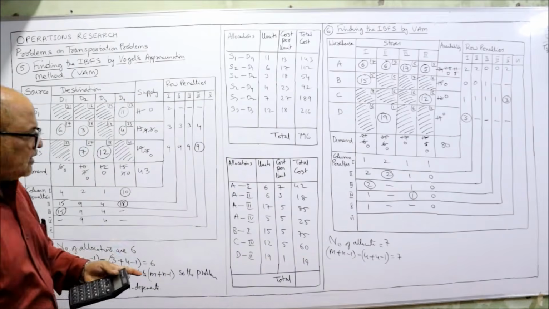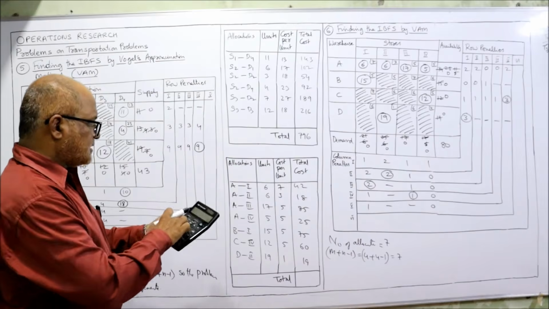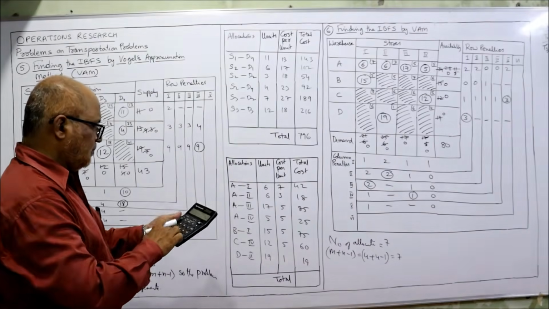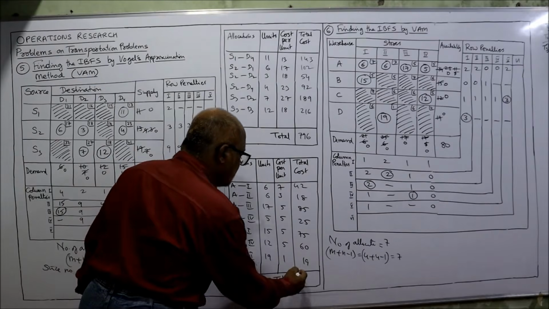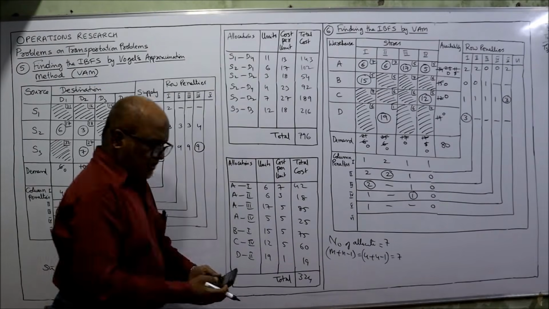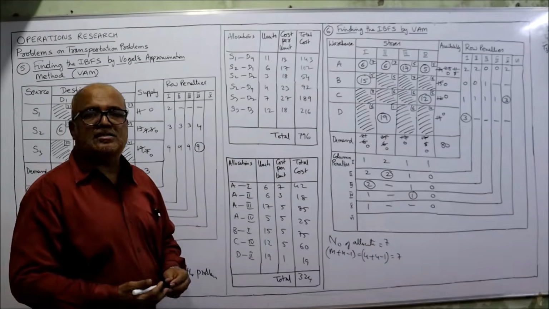Now simplifying the total: 42 plus 18 plus 85 plus 25 plus 75 plus 60 plus 19. It comes to 324. That's all. This is the completion of problem number 6.